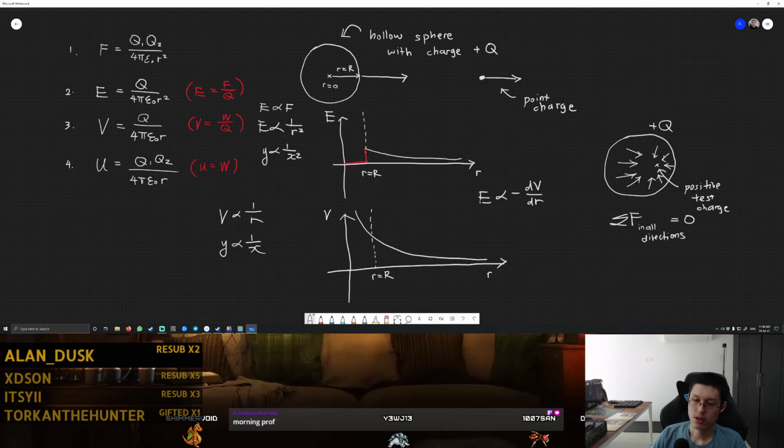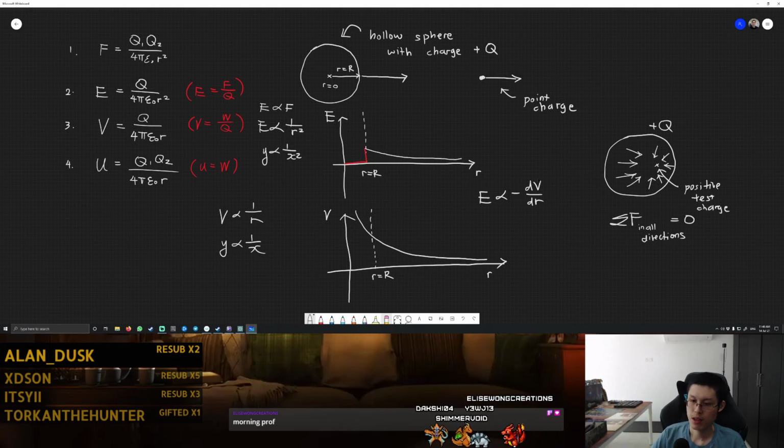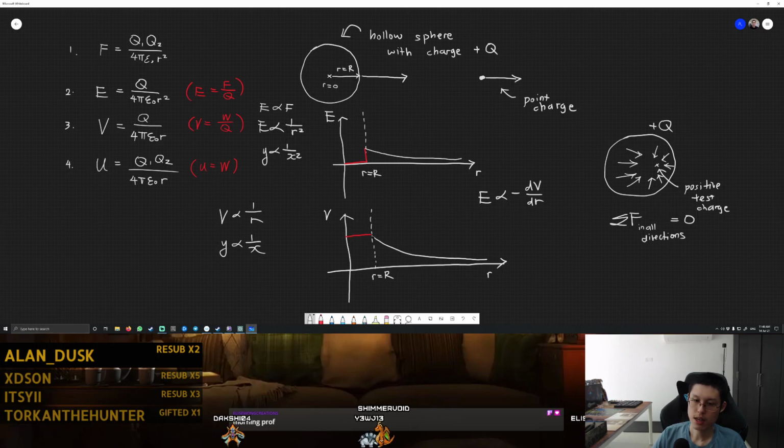Okay, so if my electric field strength is 0, as we have shown over here, you expect the gradient to also be 0. So what does a curve with gradient 0 look like? It's just a horizontal line, yes? So we know that it looks like a horizontal line, and this horizontal line cannot be lower than this highest point here. So we have to draw the line like this. So that's how the potential against r graph looks.